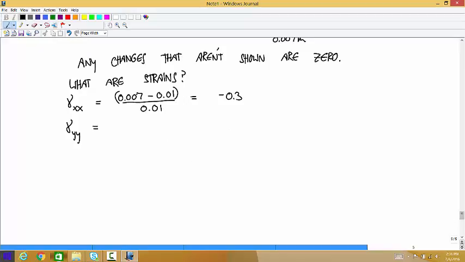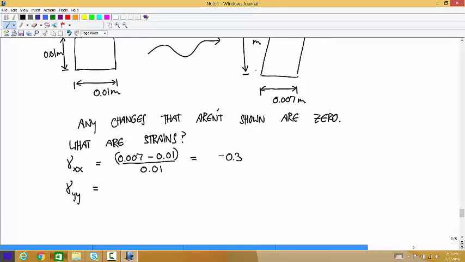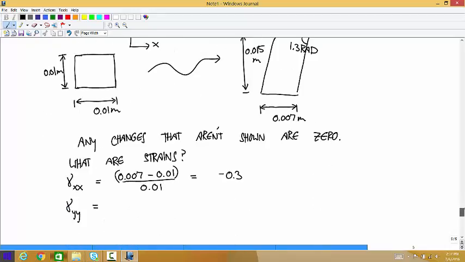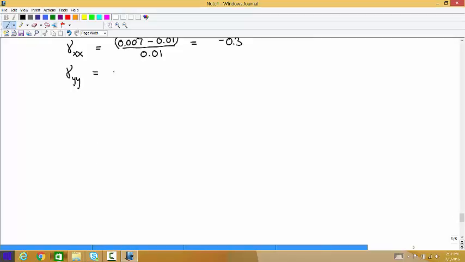The YY normal strain, the final length is 0.015 minus the initial of 0.01 divided by the initial.